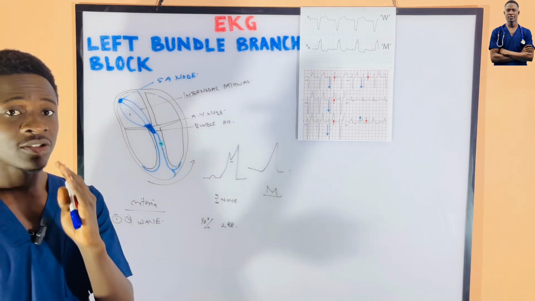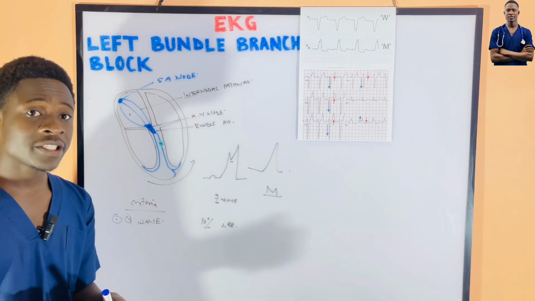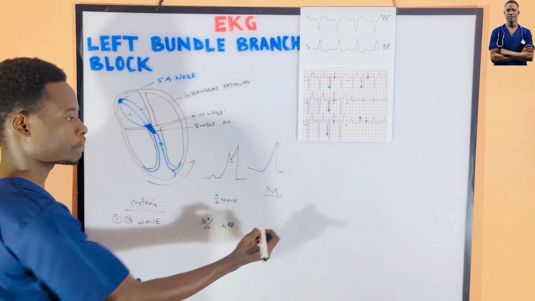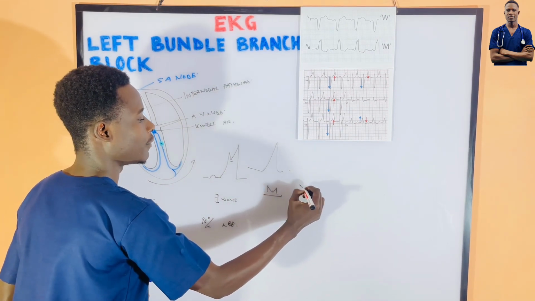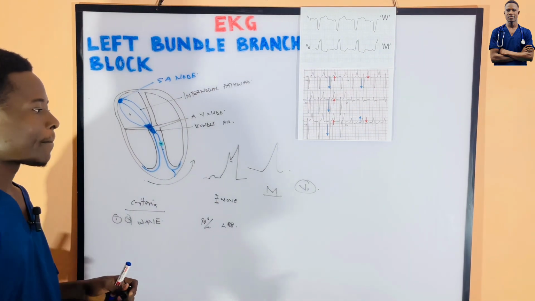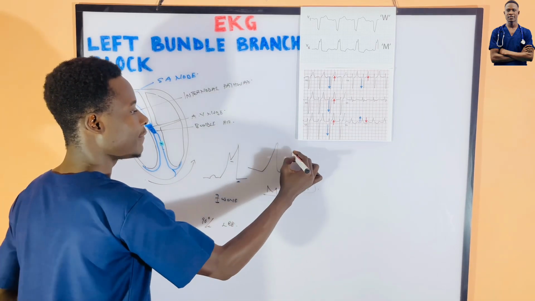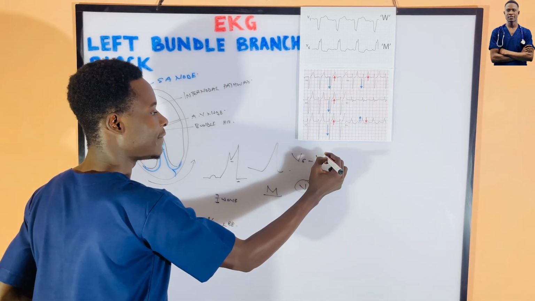Now, from our last video, we talked about the right bundle branch block. The right bundle branch block was also having what? An M shape, but the M shape was on V1, the precordial lead V1. But in left bundle branch block, this M shape can be seen in V5 to V6.